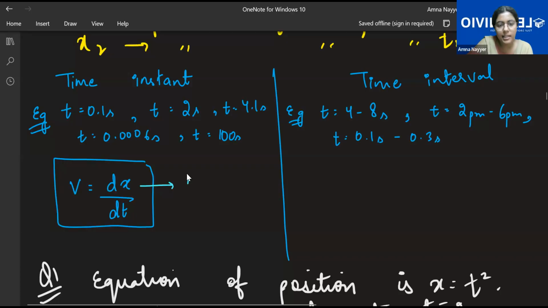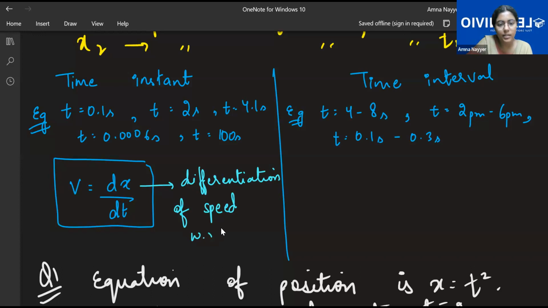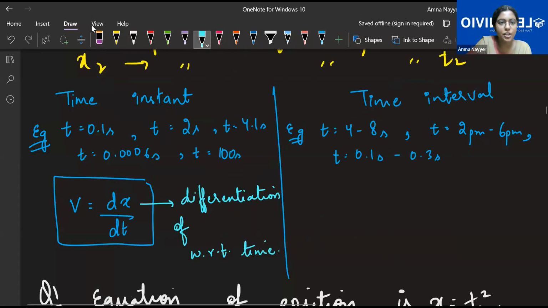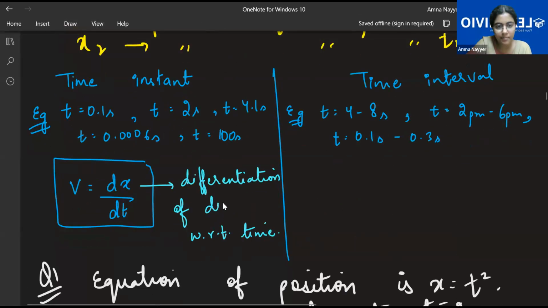This is the differentiation of position with respect to time, not distance. Differentiation of distance with respect to time.